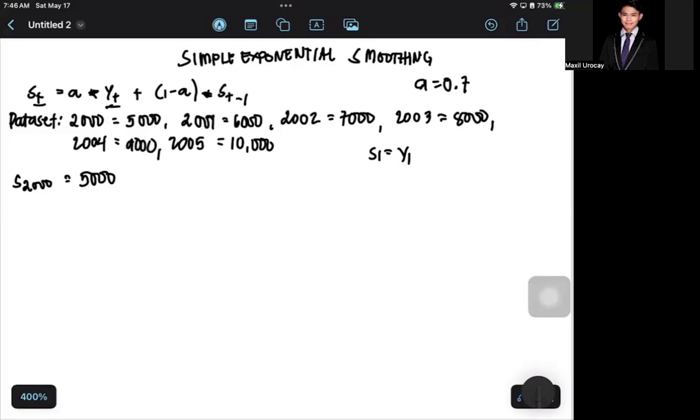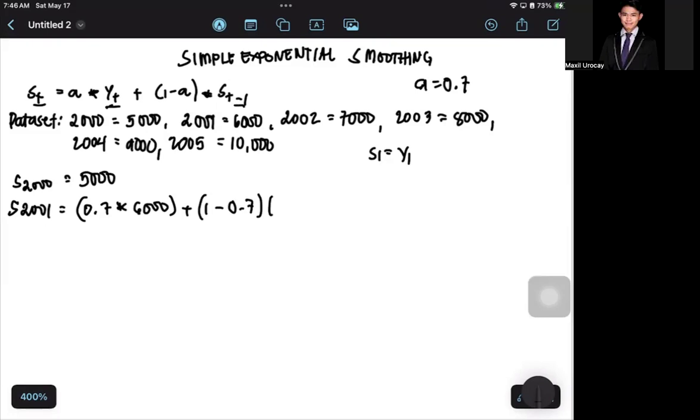Now for S2001, we can use the formula: alpha, which is 0.7, multiplied by the data for 2001, that is 6000. Plus 1 minus 0.7, and then times S_(t-1).